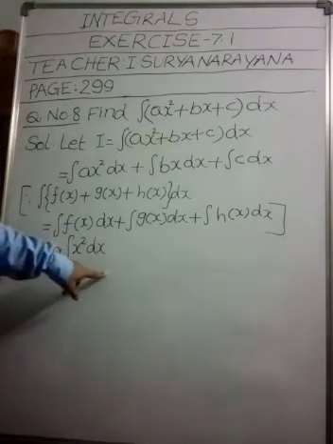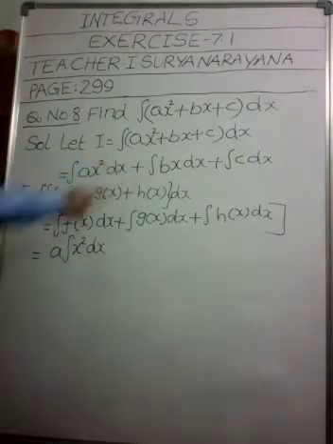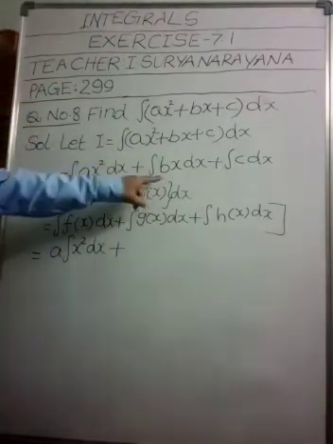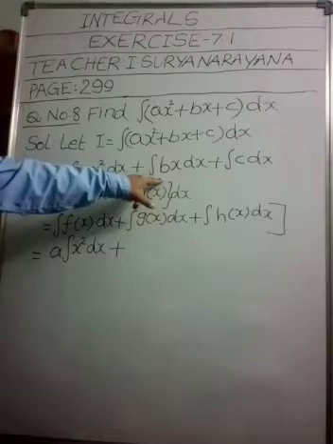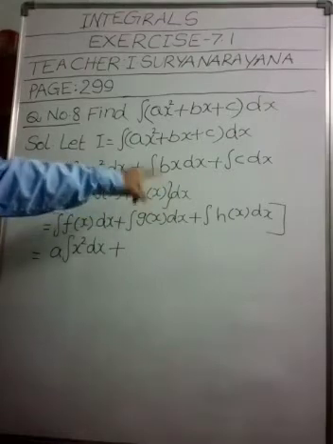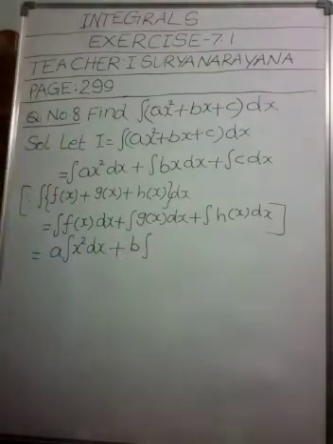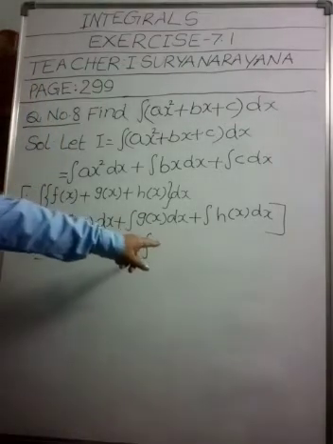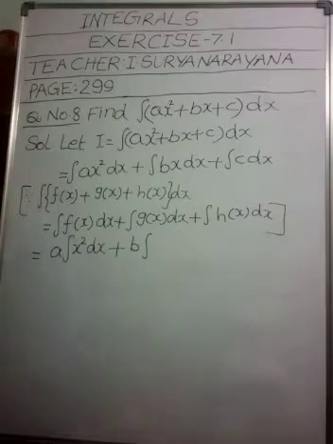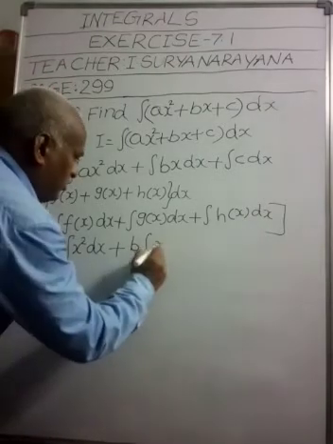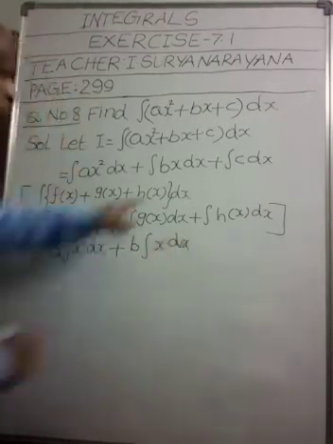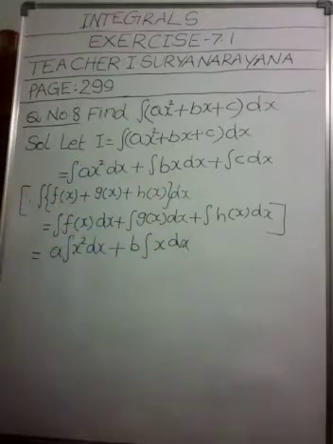Understood this first term children, right, plus. If you observe this integrand, bx is there. So b is a numerical coefficient. So we can write here b like this before the integral sign. So dx. Understood the second term, my children?